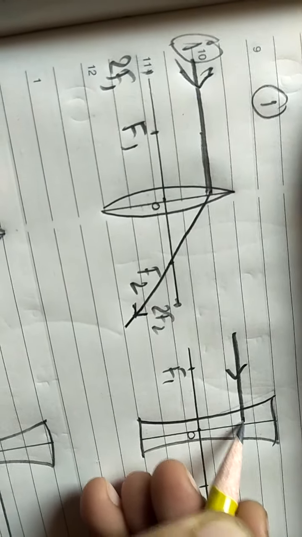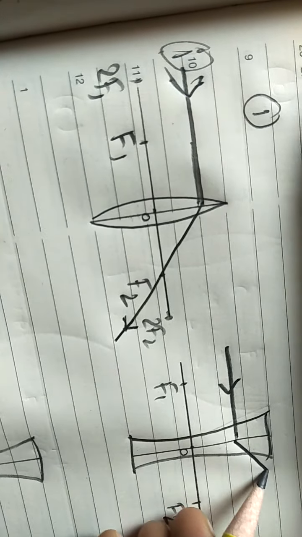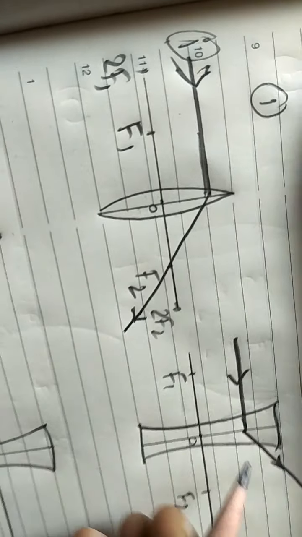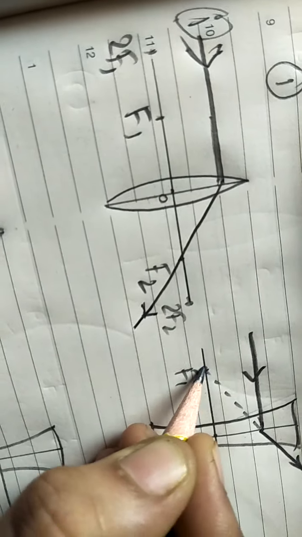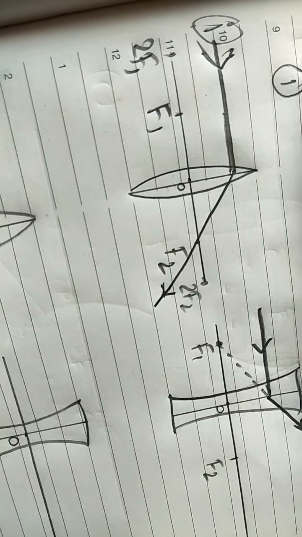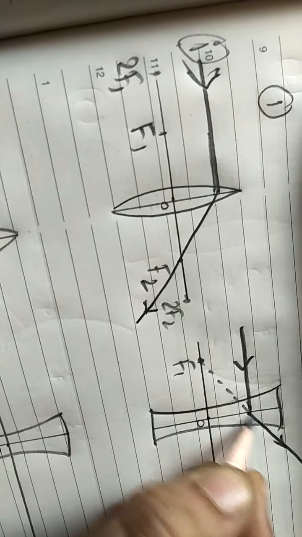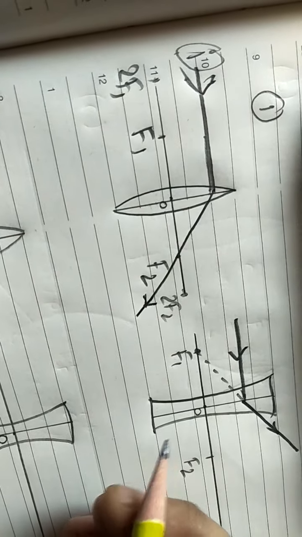So what happened here, because it is diverged, this ray will diverge like this, but it appears to us that it crosses the principal focus. It actually diverged, but we feel that it crossed this, it appears.